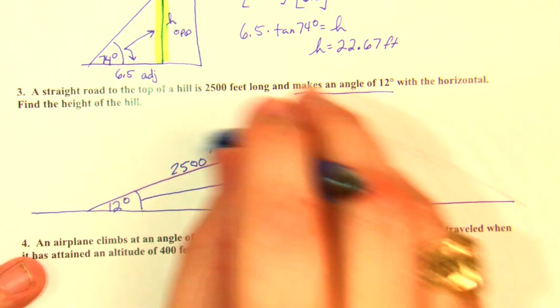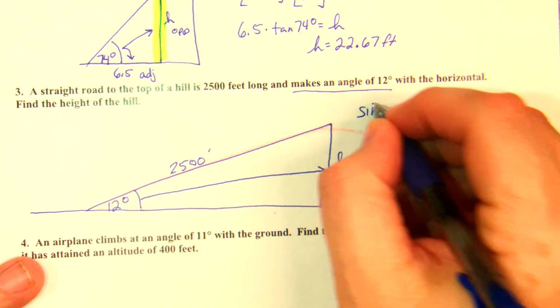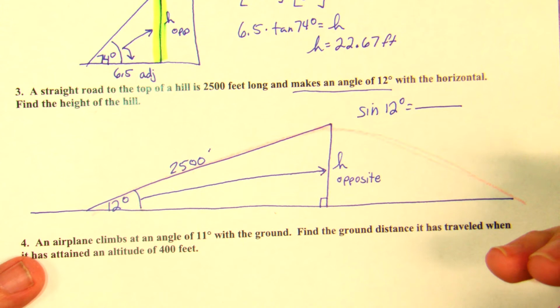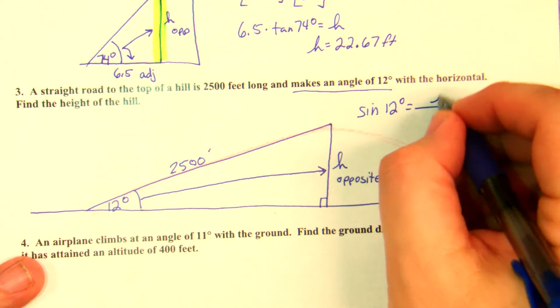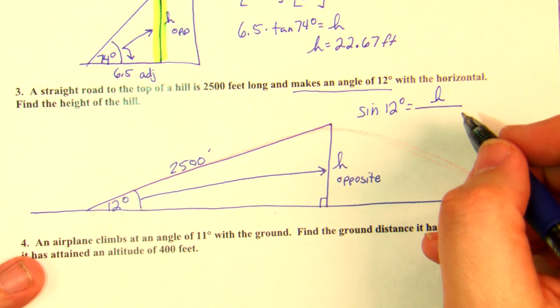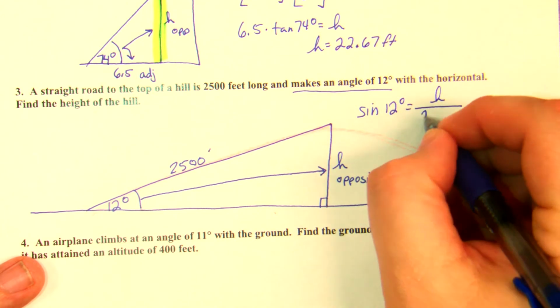We're going to use the sine. So the sine of 12 degrees, what's the opposite side? H. And what's the hypotenuse? 2,500.